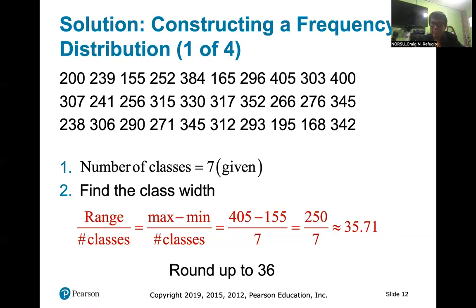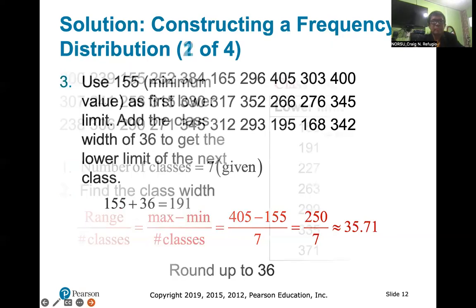So that's 36. But if, shall we say, it's 35.2, still the next whole number, not actually following the rules of rounding off numbers. Whatever decimal that you have in there, round off that one to the next whole number.